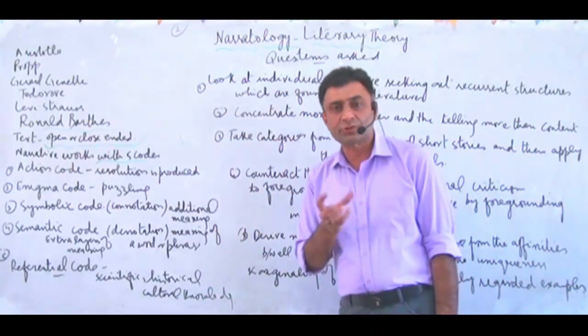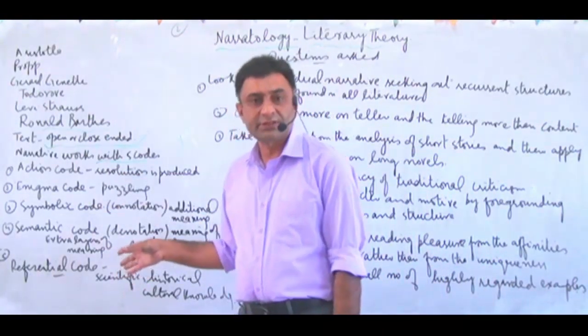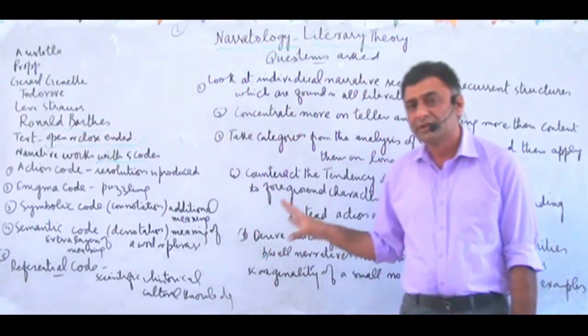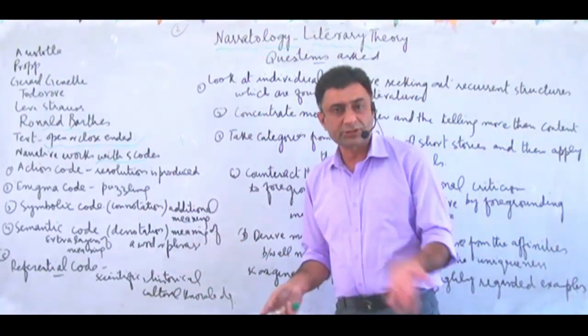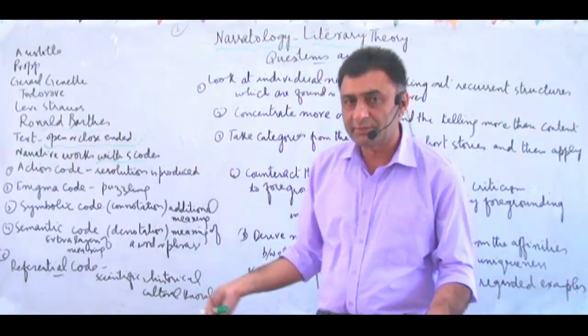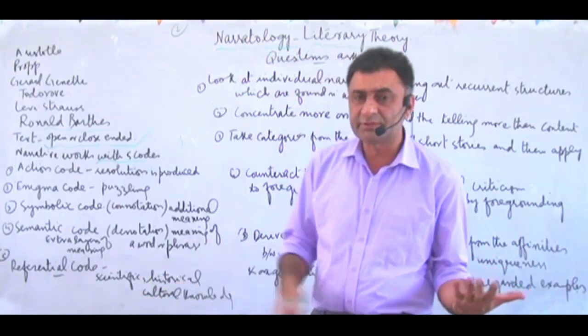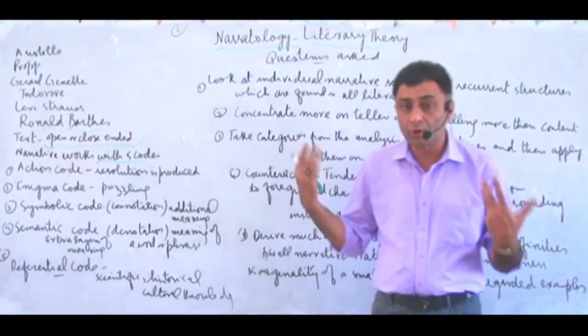Each and every story has this enigma code: there is something puzzling, something disturbing, there are conflicts and disturbances. Whatever the problem is, it can be a sociological problem, an ideological problem, an economic problem, a religious problem, or a moral problem.